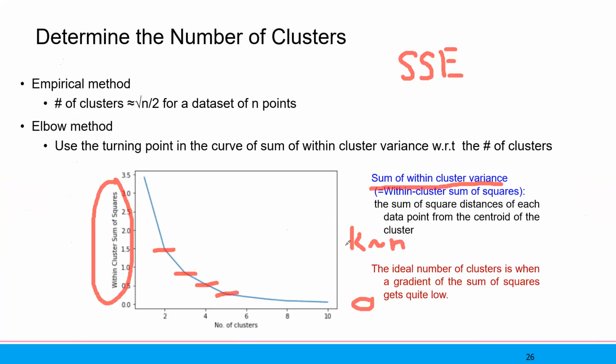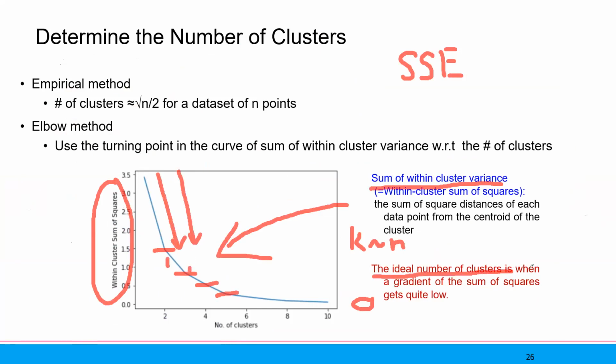So what we need to do in clustering is to select based on the most degraded performance of the sum of squares errors. If it is the high slope like this one, then maybe this will be the best. So maybe 2 or 3.